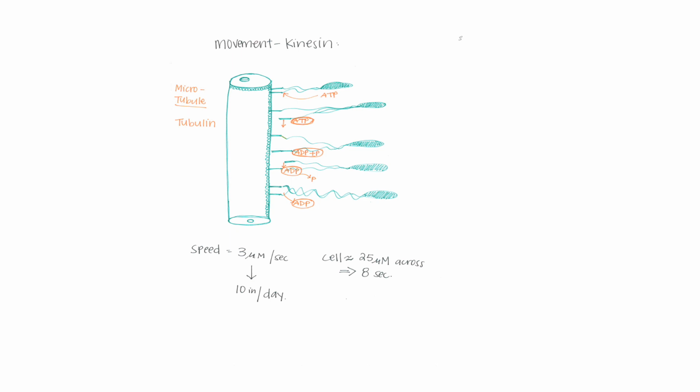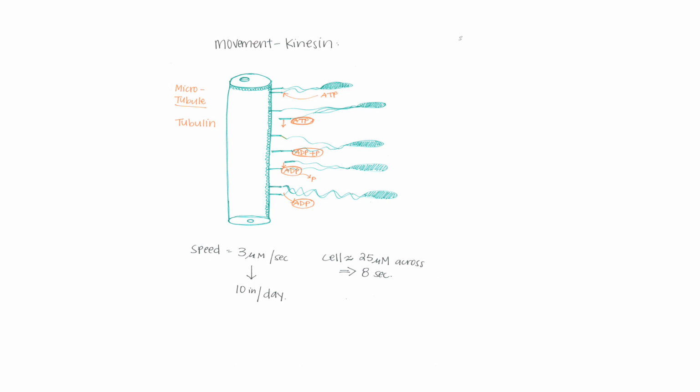Then the hydrolysis of the ATP, you can see the ADP plus the phosphate. There's a hydrolysis that takes place, taking that last phosphate off, but it's still in the complex. That causes the leg, which has moved, to bind back down to the microtubule. Then the next step, the release of the phosphate, causes an allosteric conformational change in the upper leg, and it comes off the tubulin and moves over a little bit.